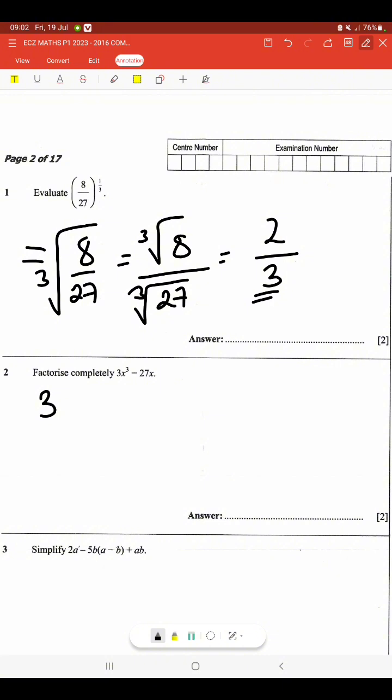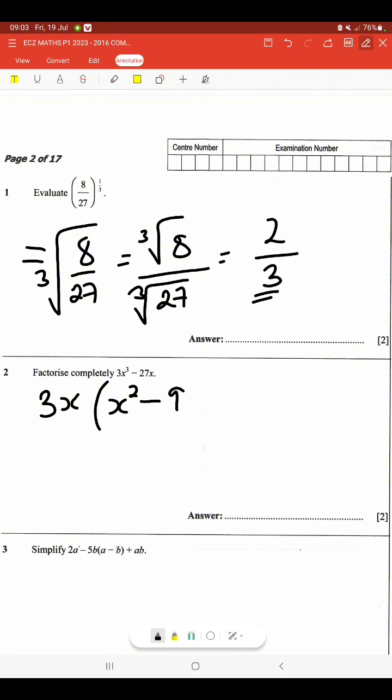Then we also have x, which is also common. So if we factor out 3x from 3x^3, what will remain is x^2, minus, and then there, x has gone, and 27 divided by 3 is simply a 9.